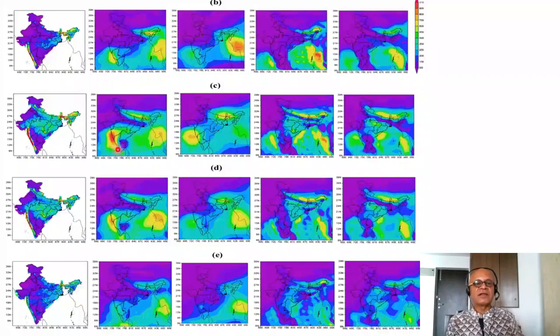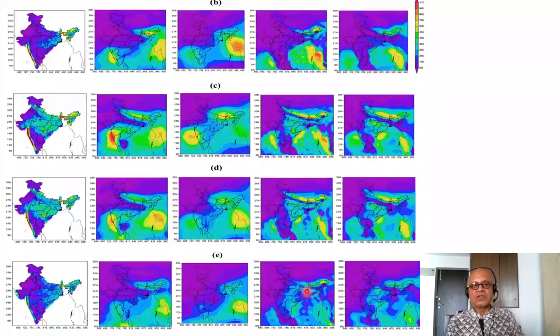So that kind of screws up this figure a little bit, but you can nonetheless see that the distribution of rainfall over the Western Ghats versus peninsular India and core monsoon zone is different in each model for June, for example, and the same thing for July and August and September.